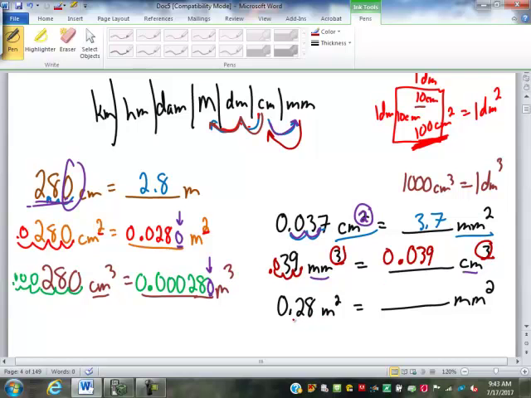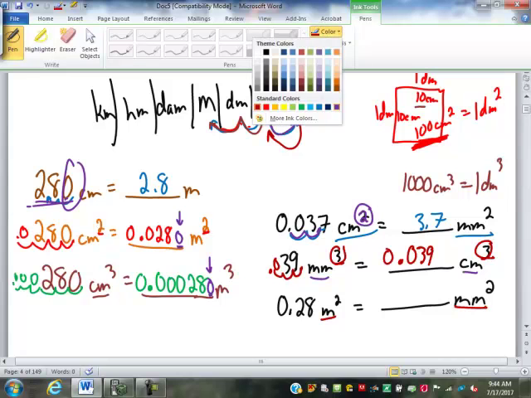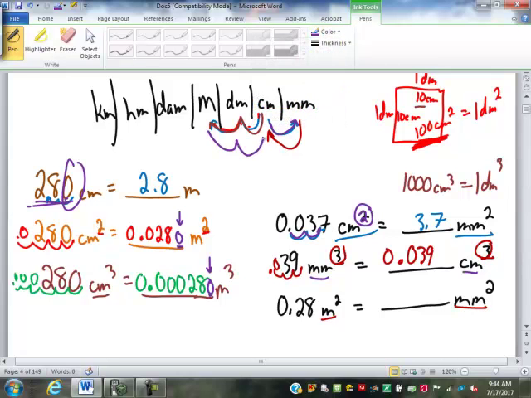So down here, 0.28 meters squared to millimeters squared. Again, we start out by looking at meters to millimeters, which is 3 spots to the right on the chart. But since it's squared, each spot on the chart is 2 decimal places. So 3 times 2 is 6. So that decimal point has to go 6 spots to the right.